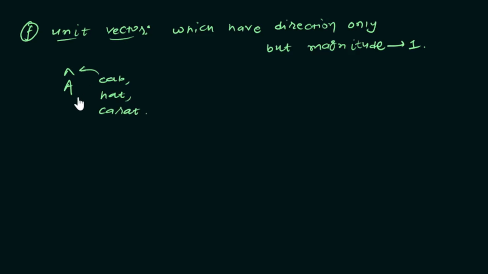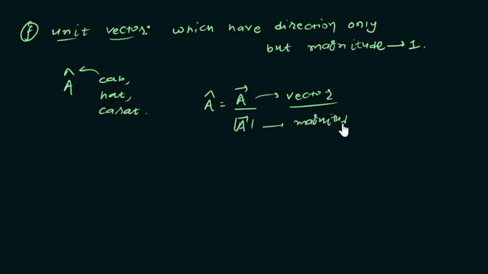How to find the unit vector? A unit vector can be found as the vector divided by its own magnitude. So this is the vector, and we divide it by the magnitude of this vector. Using this method, we can find the unit vector.